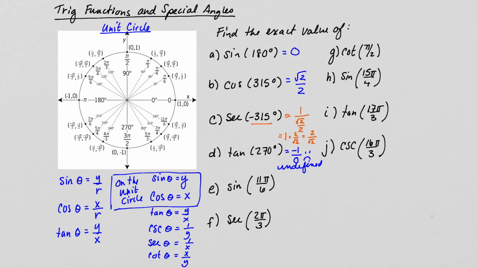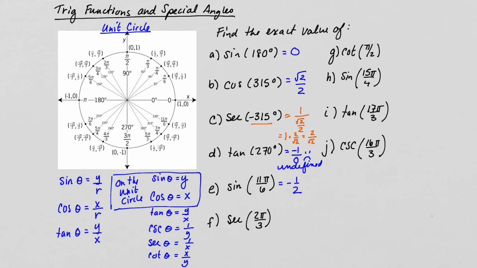Let's see, a couple more here. Sine of 11 pi over 6. So here's 11 pi over 6. Sine corresponds to the y value. So the sine is just going to be minus 1/2. The secant of 2 pi over 3. So here is 2 pi over 3. Secant is 1 over x.